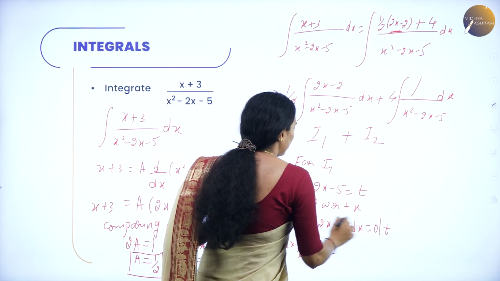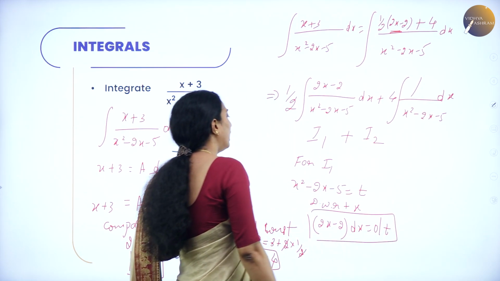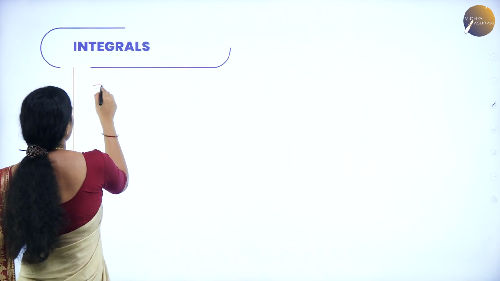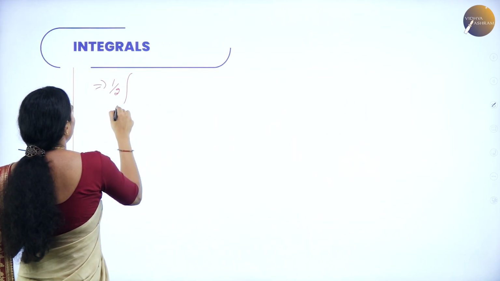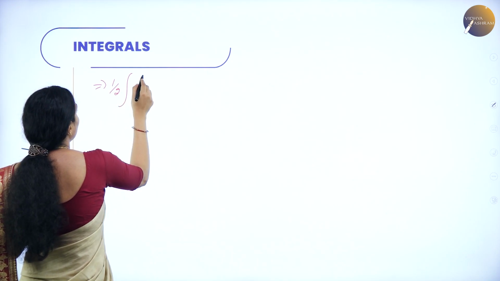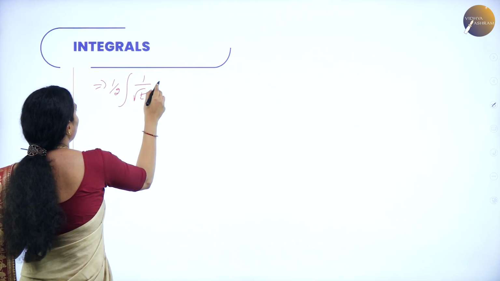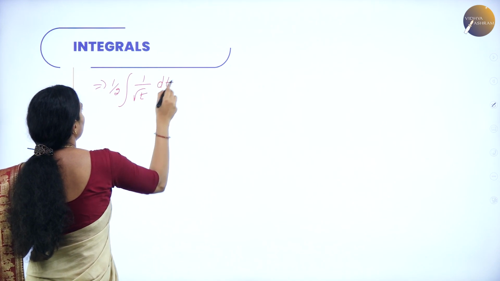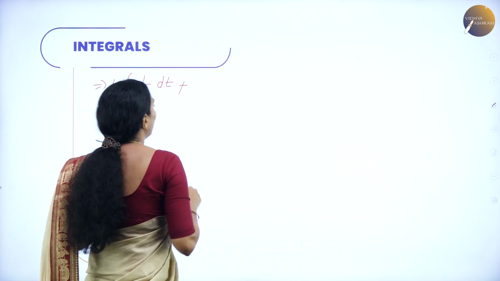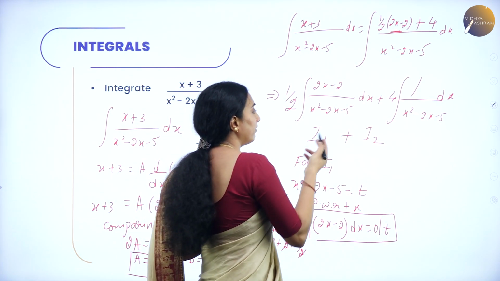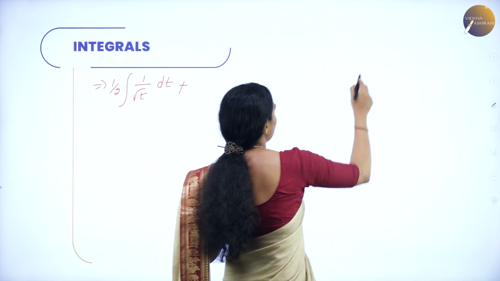Now you can substitute this in the place of I1. So 1 by 2 is already outside. The integral will become 1 divided by root t into dt. Correct? So plus I2, for which you are going to do completing the square.